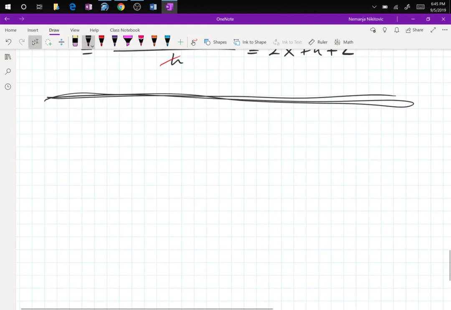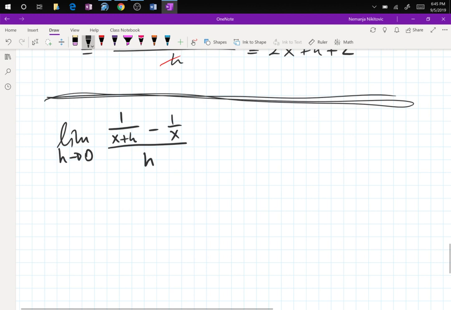So here is the problem that they would like us to solve in the book. Limit as h goes to 0 of 1 over x plus h minus 1 over x, divided by h. I know, beautiful, right?